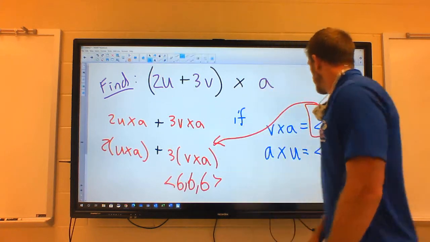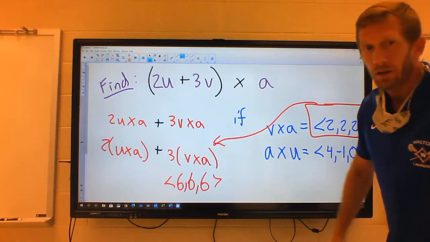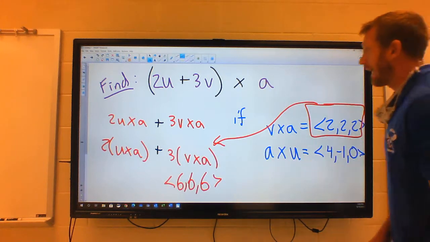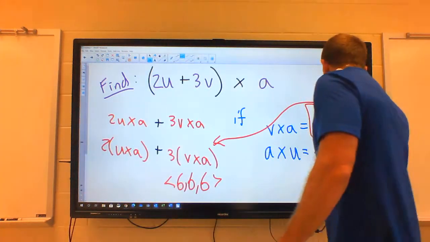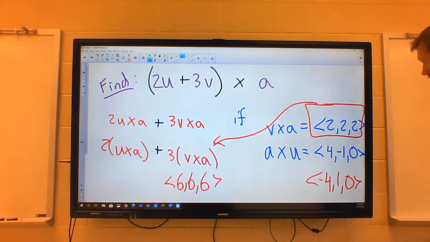All right. A cross U. Oh man, I want U cross A. So negate that. The negation of this is -4, +1, and 0. And I want to double that.